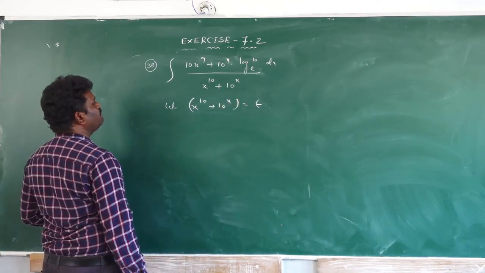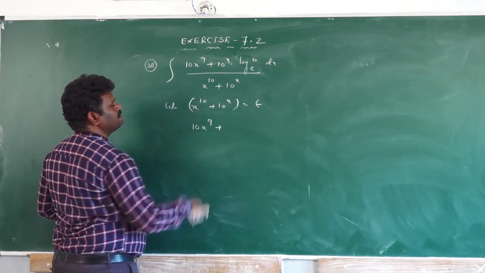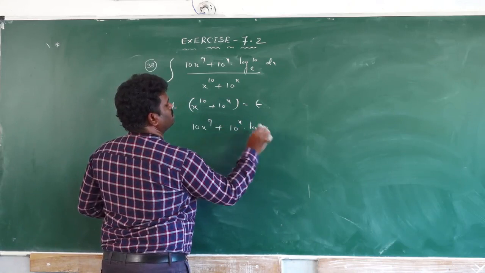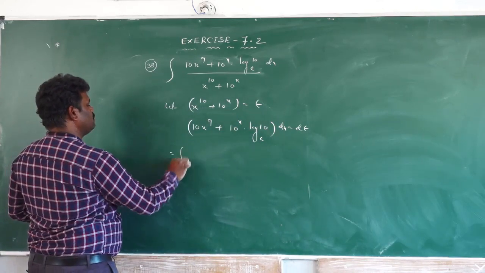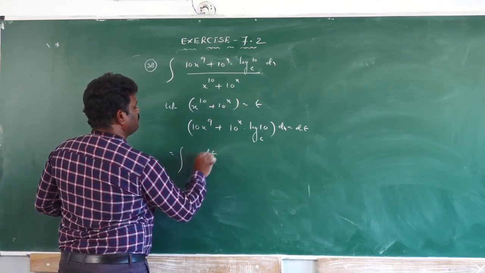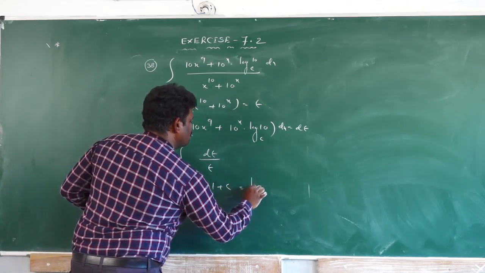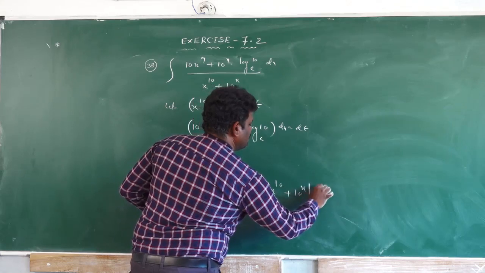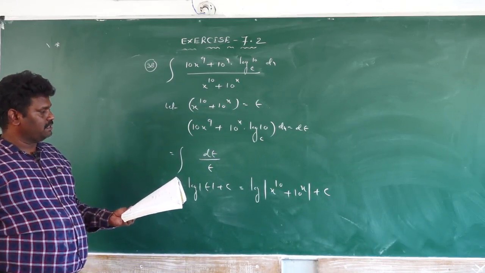The derivative of x power 10 is 10 into x power 9, by the x power n formula, plus the a power x formula, 10 power x into log 10 base e, so 10 into x power 9 plus 10 power x into log 10 base e dx is equal to dt. Now the above integration, the numerator 10 into x power 9 plus 10 power x into log 10 base e dx is dt, so the integral is dt by t, which is finally log of t plus c, that is log of x power 10 plus 10 power x plus c.